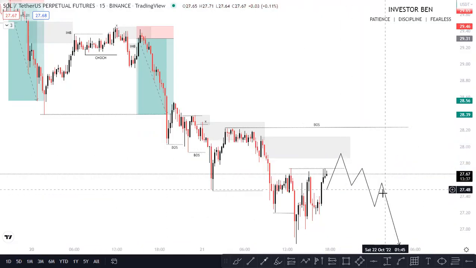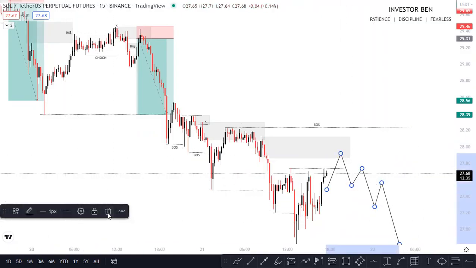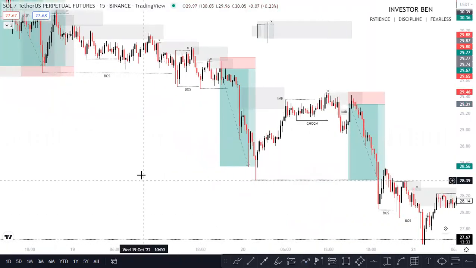Then we are looking at our order blocks formation.